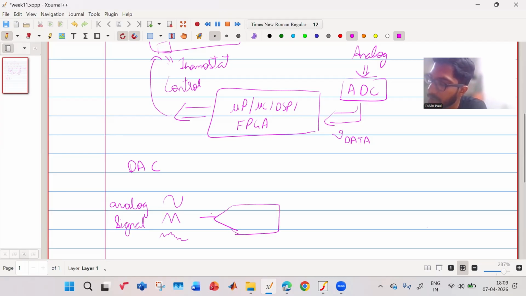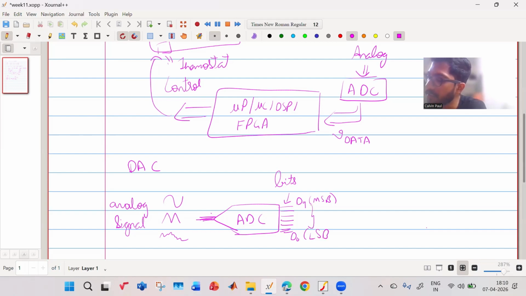This is how we represent the ADC. This is your input signal, and from here you have the various bits of the ADC. Suppose this is D9, your MSB, and this is D0, your LSB.